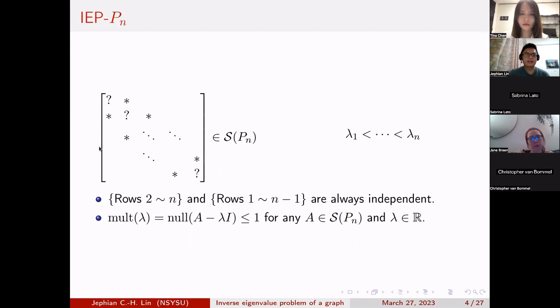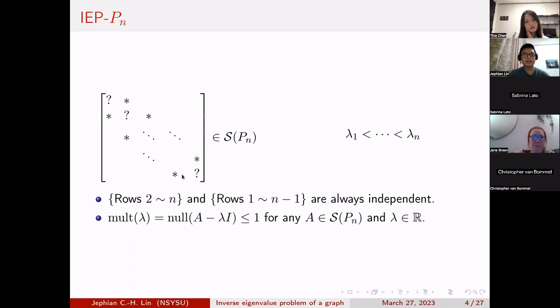So this tells us that from the first row to the n-1 row, these rows must be independent. As a consequence, we know that any matrix like this has rank at least n-1, and the nullity is at most 1. And this statement does not change if I change the diagonal.